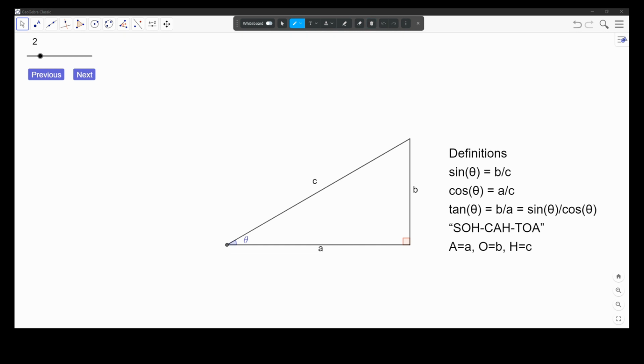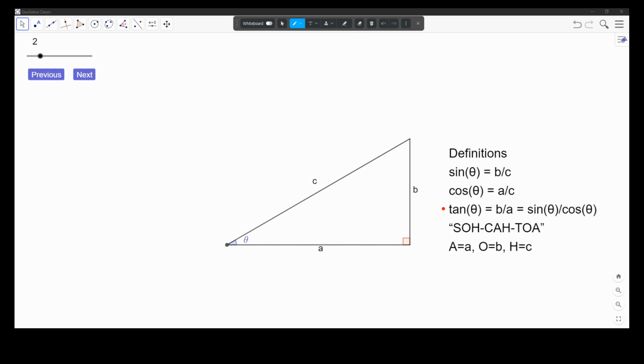Then also we'll define the cosine of the angle theta as the adjacent side length divided by the hypotenuse. Okay, so these are definitions. And a third function we can talk about, although it's essentially a combination of the other two, so in my opinion isn't as important as the other two.